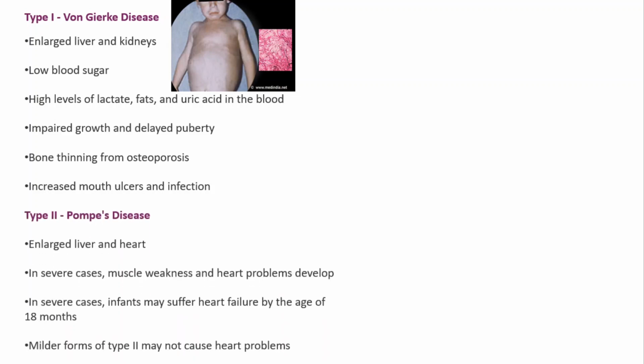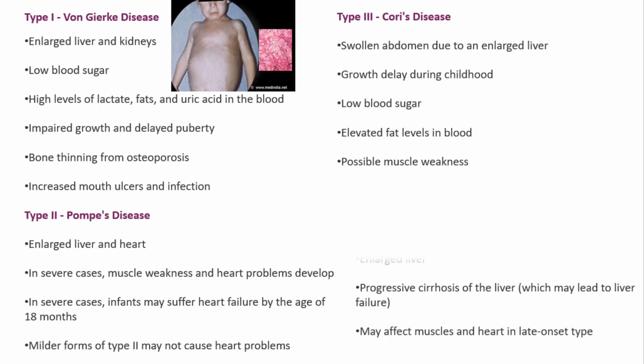You can have a snapshot. I will provide all the information for you. There is nothing new or difficult to remember or understand here. These are all the common symptoms. I have condensed all the symptoms here, which are common for the respective types of glycogen storage diseases.